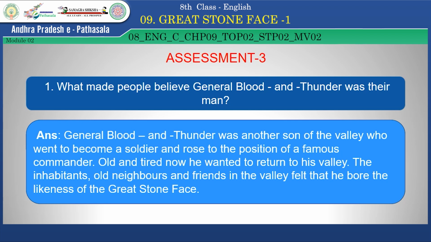Old and tired now, he wanted to return to his valley. The inhabitants, old neighbors, and friends in the valley felt that he bore the likeness of the great stone face. But Ernest could not find any likeness of the stone face in Blood and Thunder.